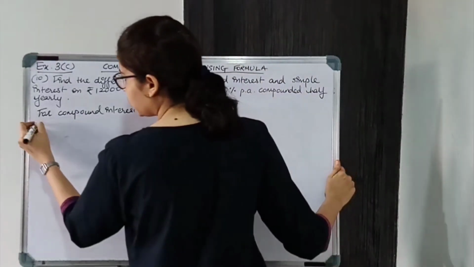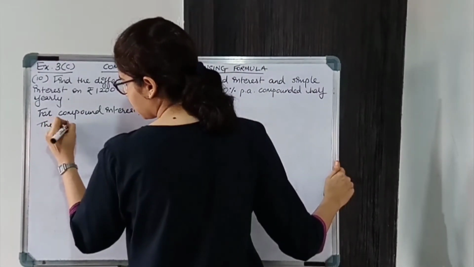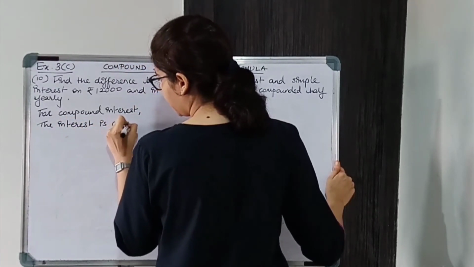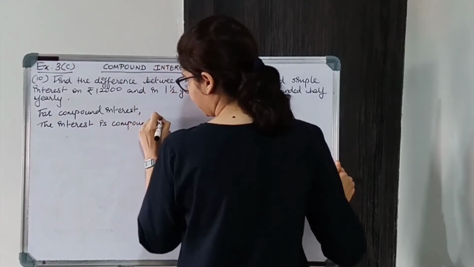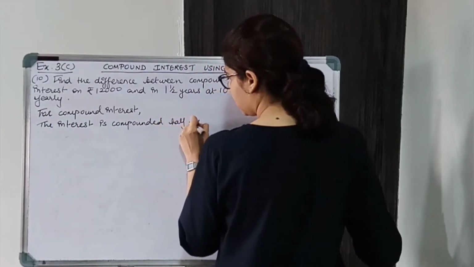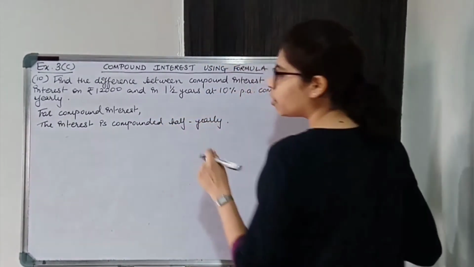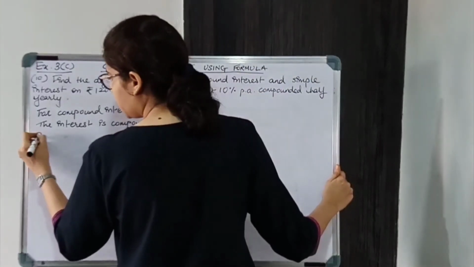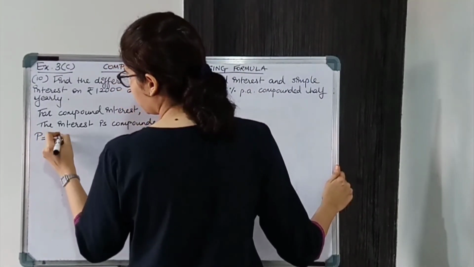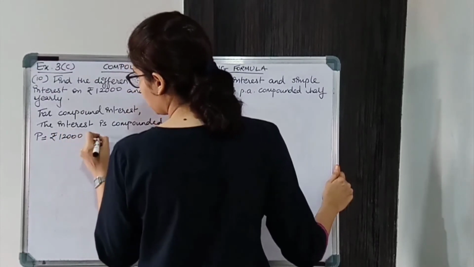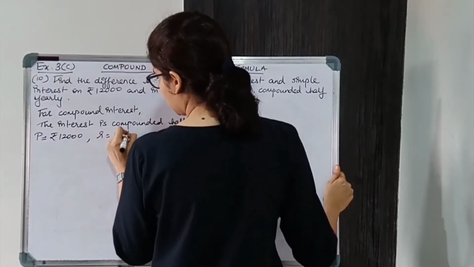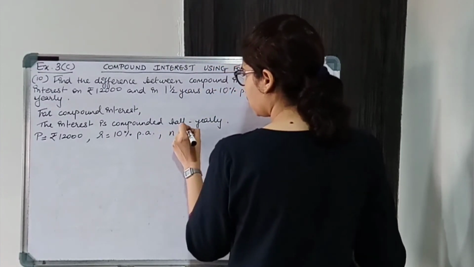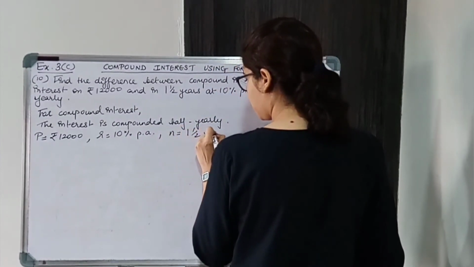So just write down the interest is compounded half yearly. So the formula of amount will be modified. Now write down the principal, the rate of interest and number of years. So 12,000, rate of interest is 10% and number of years is 1.5 years.